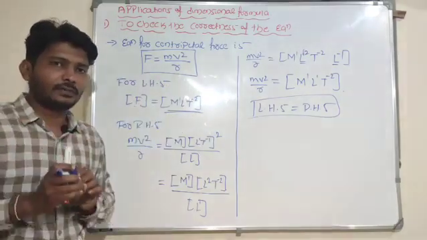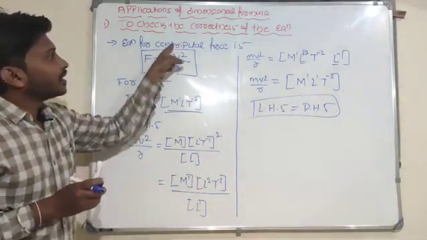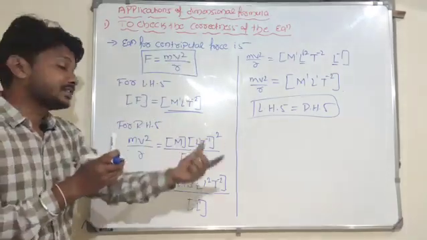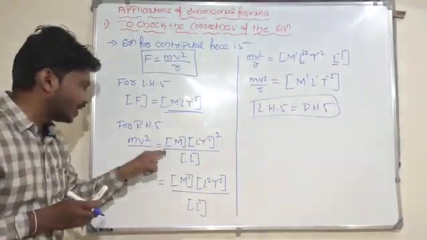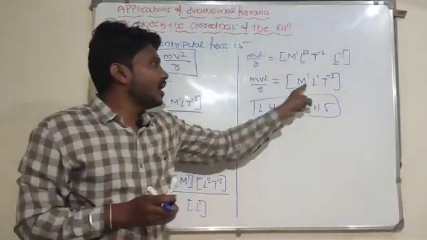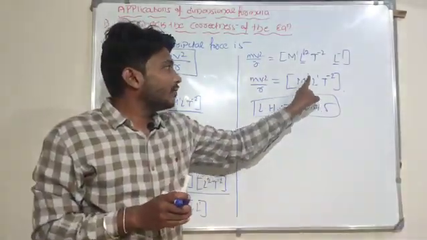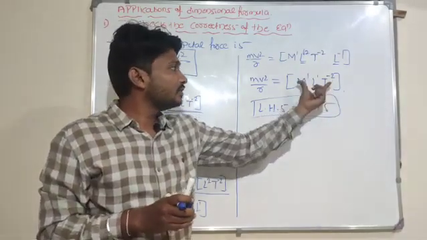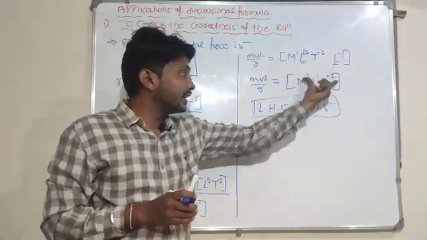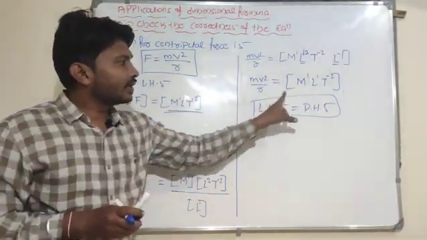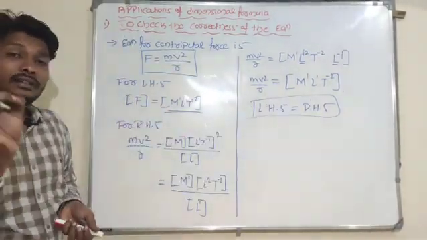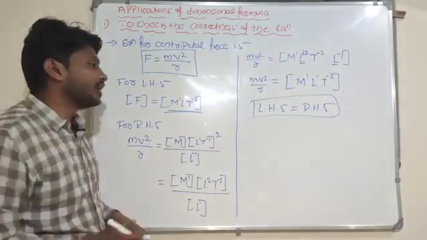Now I write the dimensional formula for the right hand side terms: mv squared by r. Finally, if I simplify, I get the dimensional formula as M^1 L^1 T^-2. This is for the right hand side and that is for the left hand side. Both are the same, so LHS is equal to RHS. Then the given equation is dimensionally correct here.